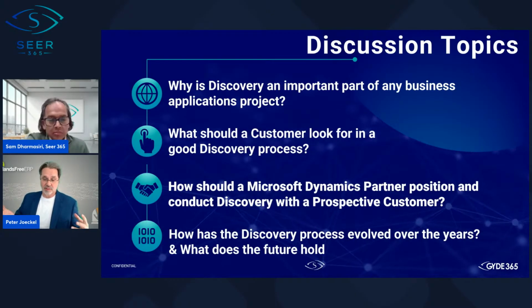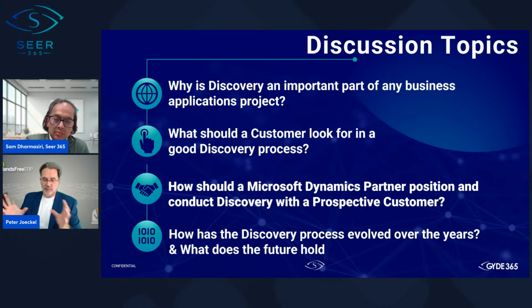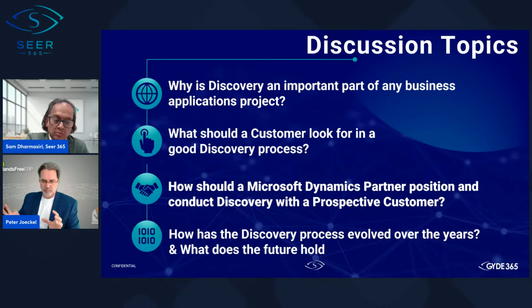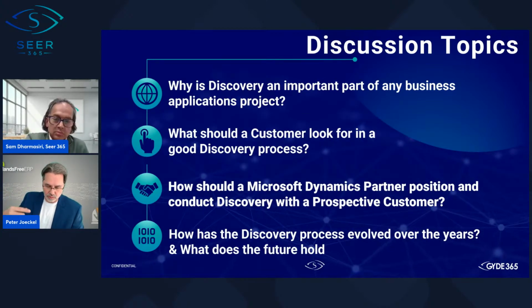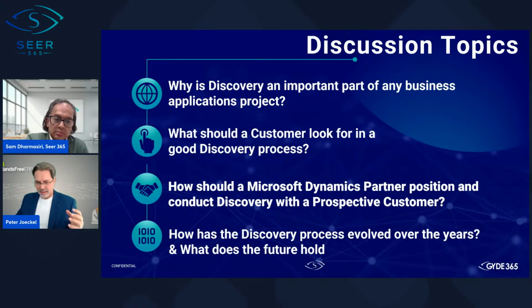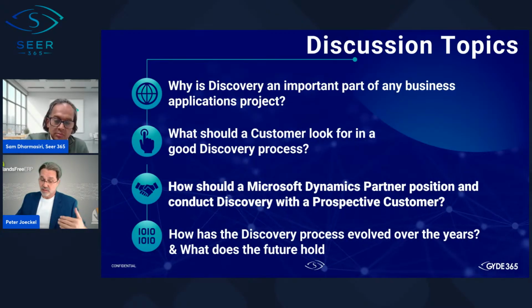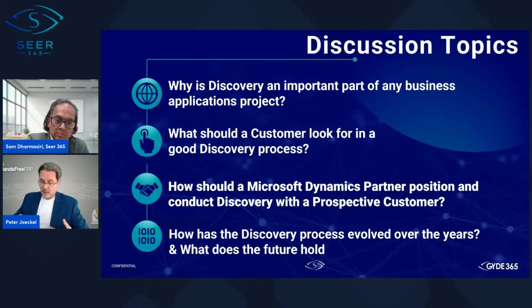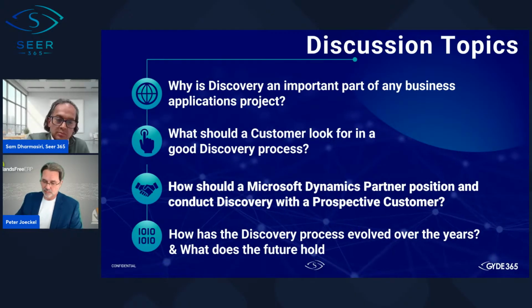Let's imagine for a second, we break Discover down into two critical pieces of information that you as the customer have to have. Number one is the gap fit. How do your application requirements match different ERP solutions?